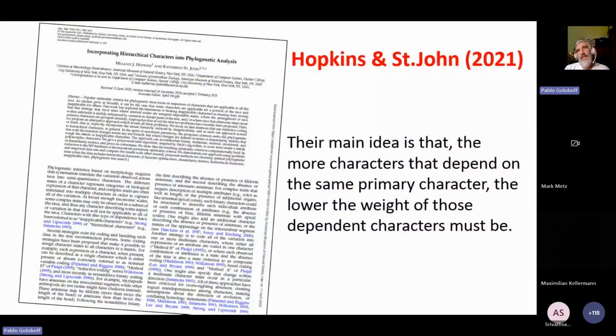The main idea in Hopkins and Sanchon is that the more characters that depend on the same primary character, the lower the weight of those dependent characters must be. So if you have a tail that can have a red or blue color, that color should have a weight of, say, 1. But if in addition to the color, you can also have a section that is squared or rounded, each of those should have a weight of half.